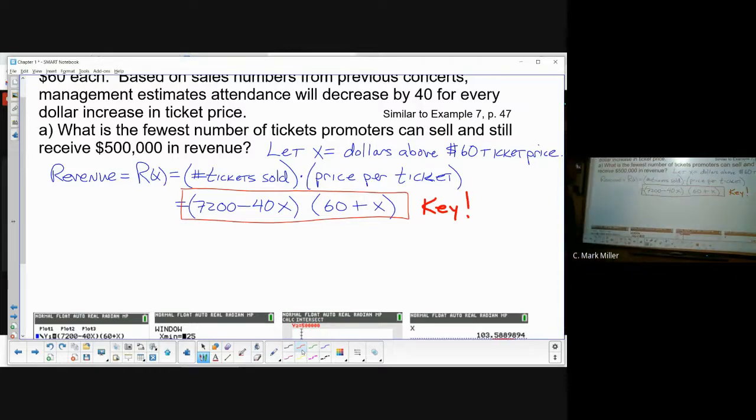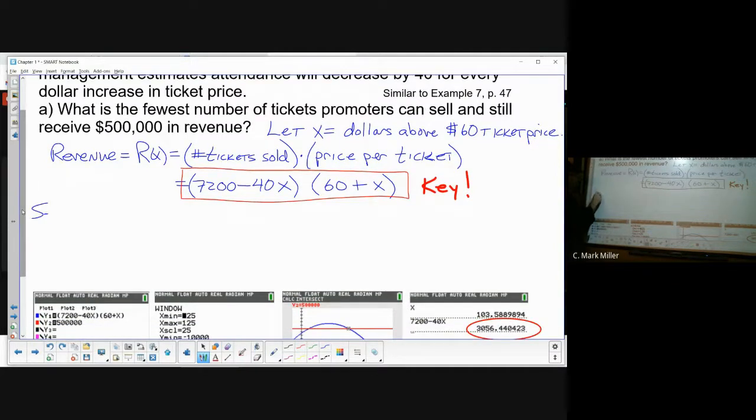Now, I want to know which values of x give me 500,000. So I need to solve 500,000 equal that.